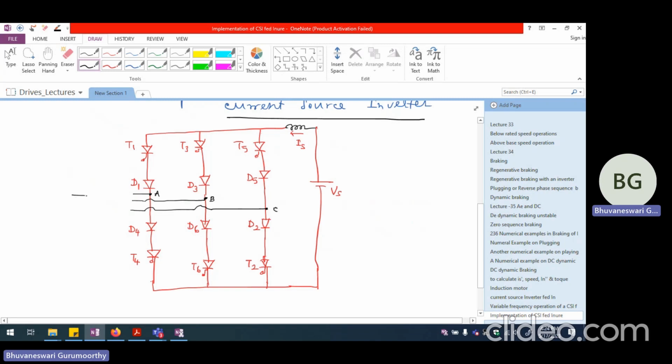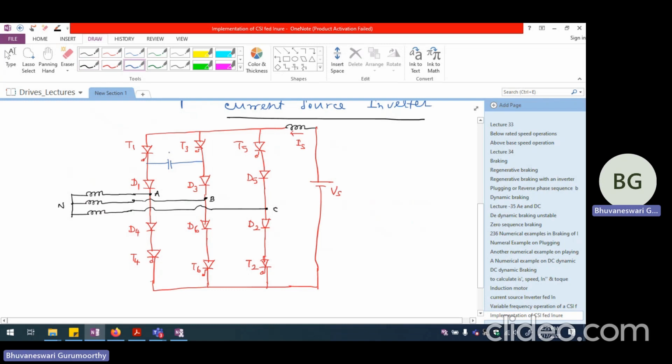And we are going to have the three phases here. This is A, this is B, and this is C. And this is the neutral of the induction motor. Now, the capacitors can be advantageously used here for commutating the outgoing thyristor.